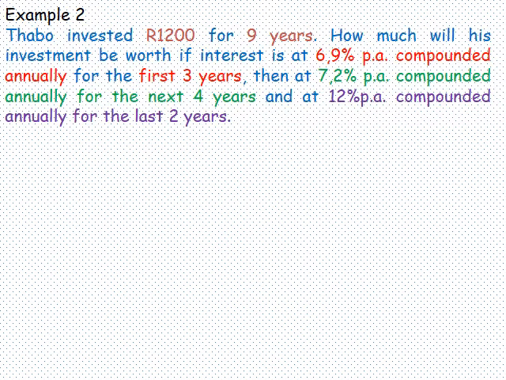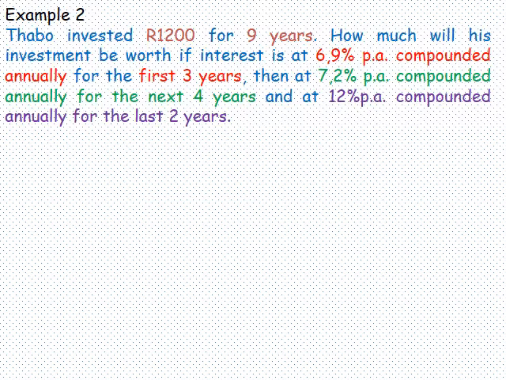So let's practice this again. However, now we're dealing with a question that presents us with 3 interest rates. So, Thabo invested 1,200 Rand for 9 years in total.